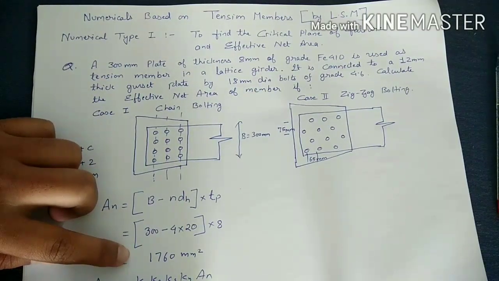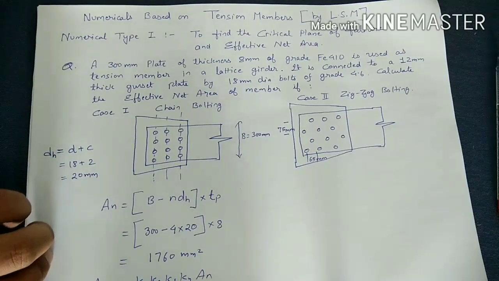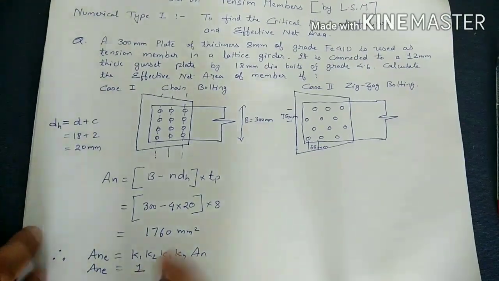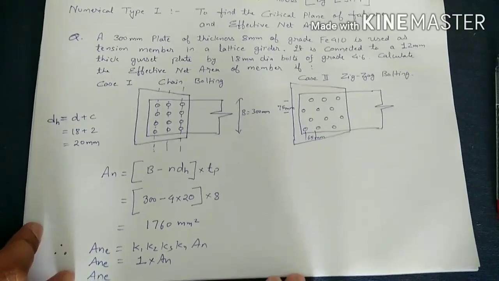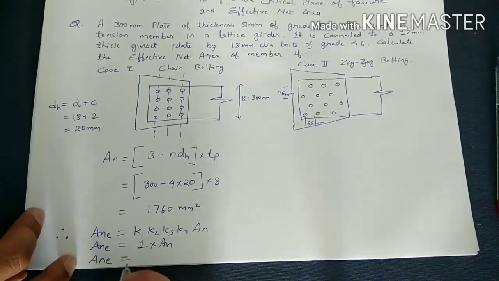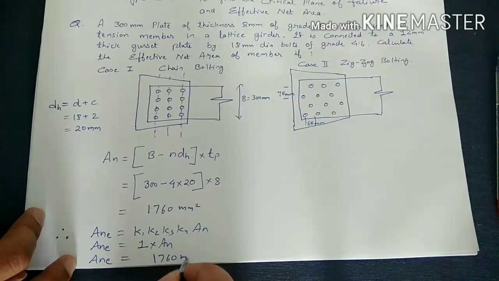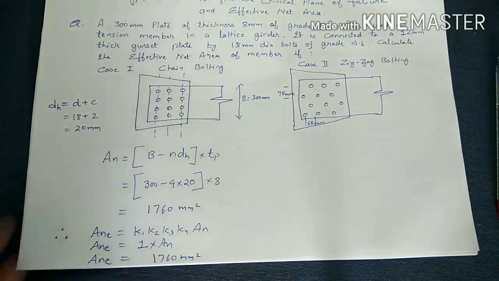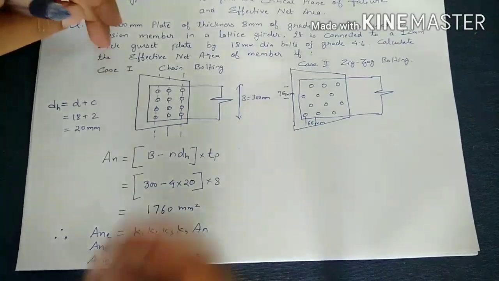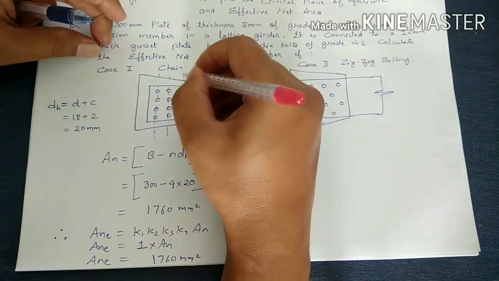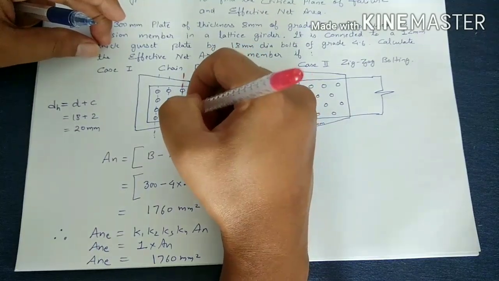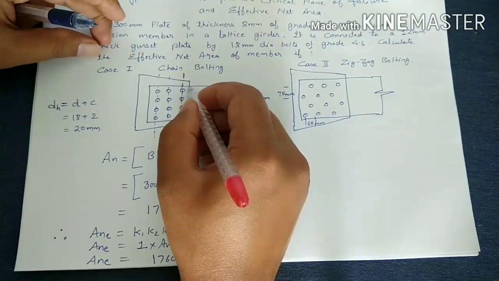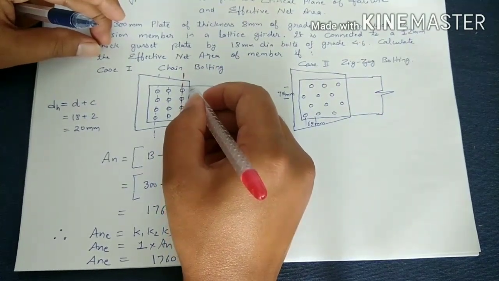Therefore, effective net area will be equals to 1 into AN. Therefore, in chain bolting, effective net area will be equals to 760 mm square. Thus, we can say that in chain bolting, this plane is the most critical plane since it is very close to the end.